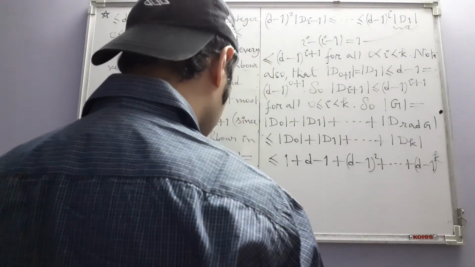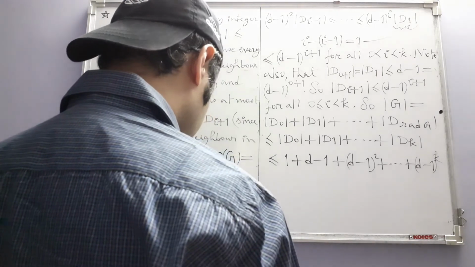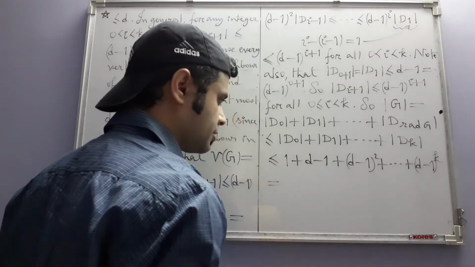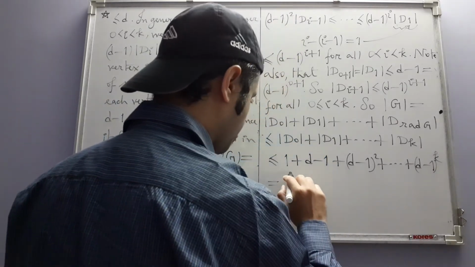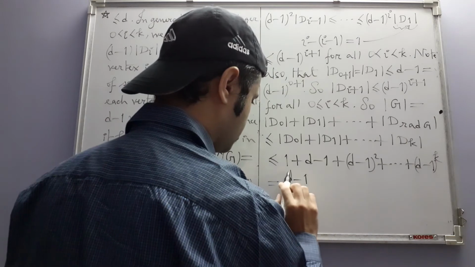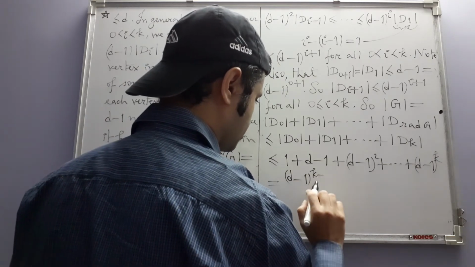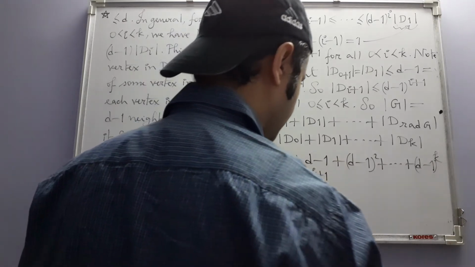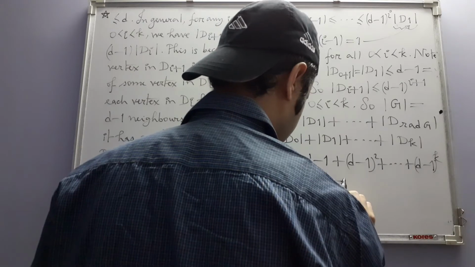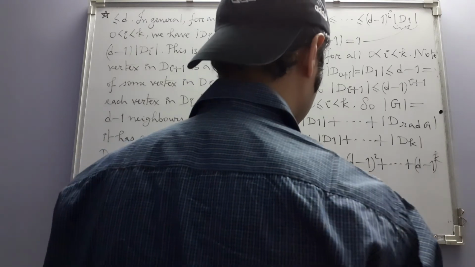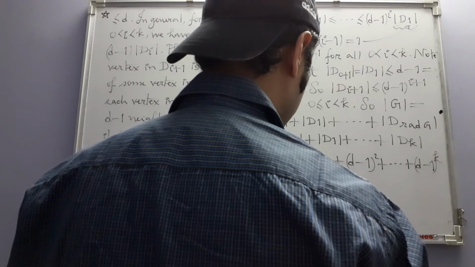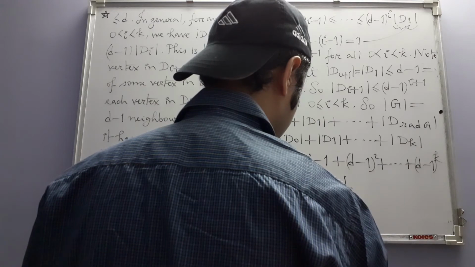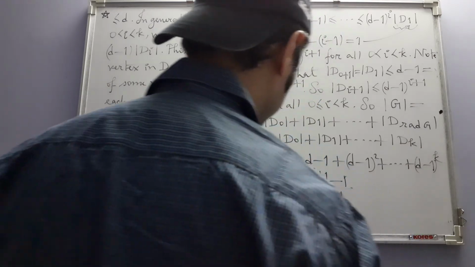And this now becomes a geometric series, a finite geometric series. So its sum will be equal to d minus 1 to the power k plus, am I writing it correctly, divided by minus 1 divided by d minus 1 minus 1.